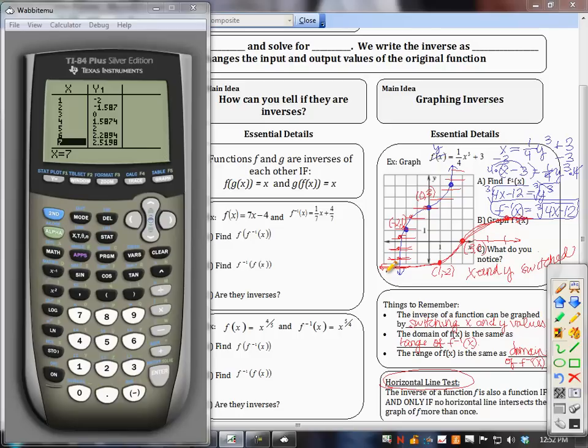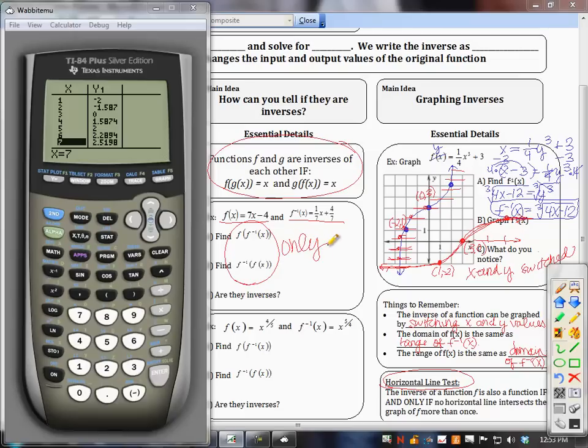Okay? And so we'll talk more about this, but this is the general idea for section 6.4. We'll do a warm-up in class to talk more about how to find an inverse and how to verify. But I can tell you right now that this middle section is where people tend to lose the most points in this chapter, because I'm going to give you two equations, and the only way to verify is to do the composites.